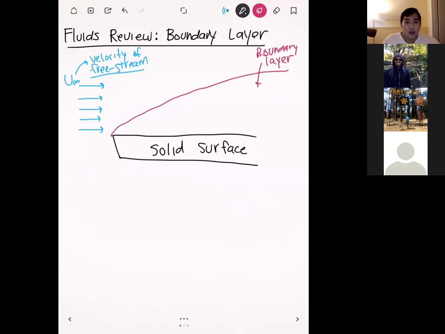It gets the name boundary layer because it's literally a layer of fluid right next to your solid boundary. One thing of interest inside the boundary layer is how thick it is at any given point, and we usually give the symbol for the thickness as delta.